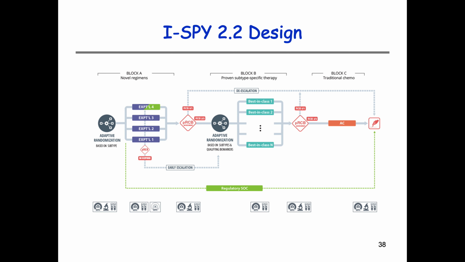If they emerge from that and we get a predicted RCB again, if it's good, they go to surgery. If it's still not favorable, these are the patients that will get the AC. And there is a regulatory approved standard of care throughout the control groups that are used.